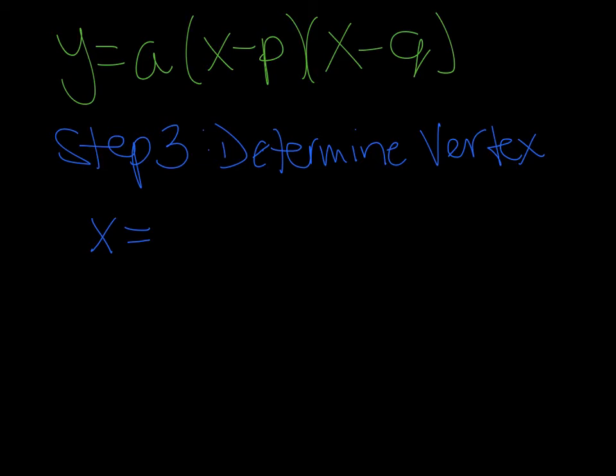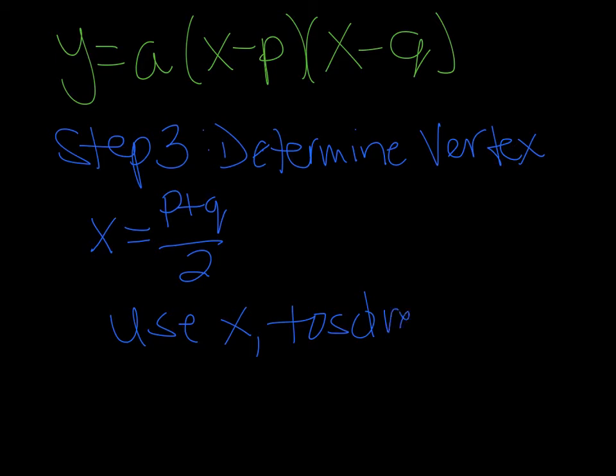The equation to find x is p plus q divided by 2. Once we solve for x, we're going to use x to solve for y. And that'll give us our vertex at point x, y.